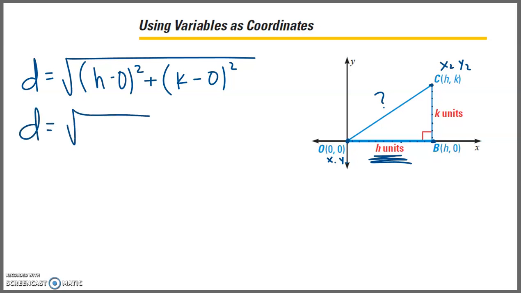So this distance is going to be, let's see, h squared plus k squared. And there is no way for us to simplify this any further. So our final answer would be that hypotenuse, that question mark, is equal to the square root of h squared plus k squared. So again, this last example, instead of using actual numbers, we were practicing using variables.